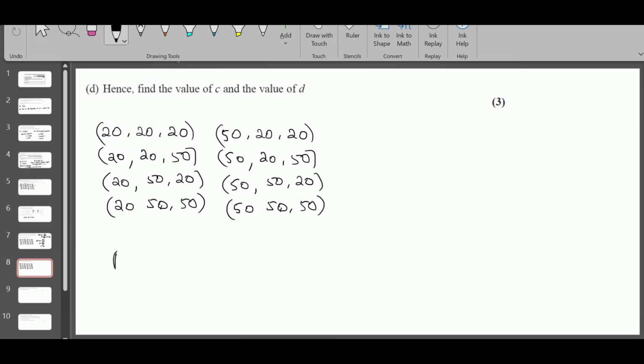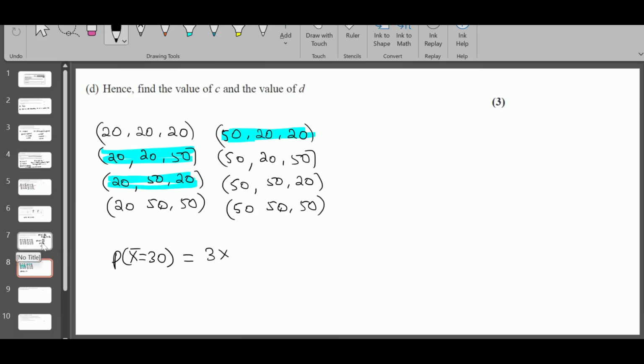You get 30 from this one. The mean is 30, and this mean is also 30, so there are 3 of them, right? So the probability is 3 times a similar combination, 20, 20, 50.